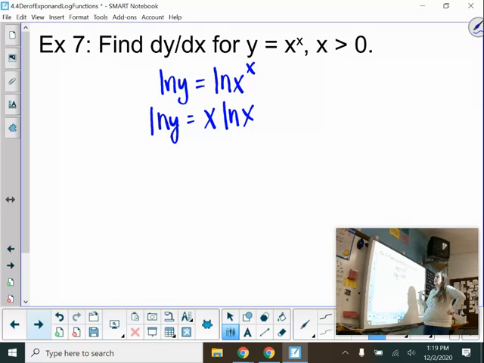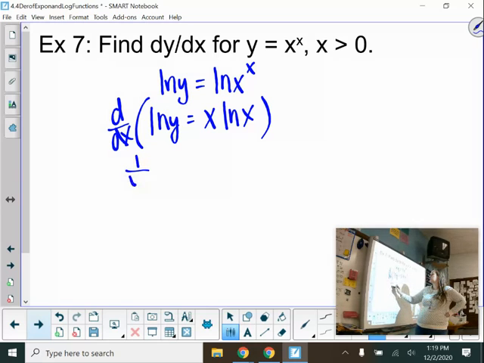Now we can go through and take the derivative with respect to x. We would have to do implicit differentiation on the y. So I'm going to do my d dx on the entire quantity. So on the left-hand side, the derivative of natural log y is 1 over y times the derivative of y, which is dy dx. On the right-hand side, I have to use the product rule.